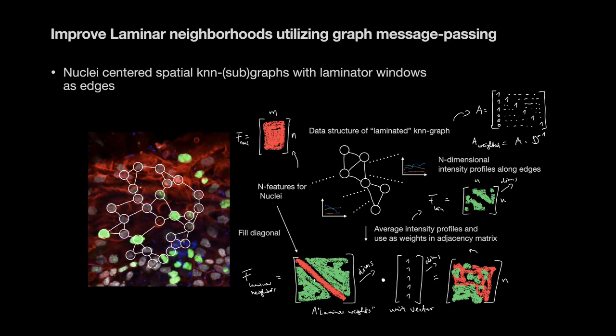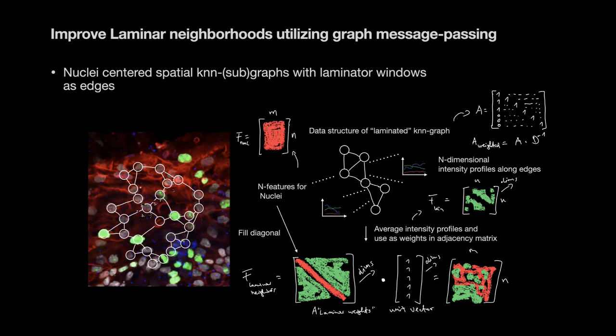What this comes down to in the end is, KNN graphs you can represent as an adjacency matrix. So for each connection, there's a one in the matrix. And then in order to summarize over neighborhoods, they would just do the dot product of the feature matrix with the adjacency matrix.